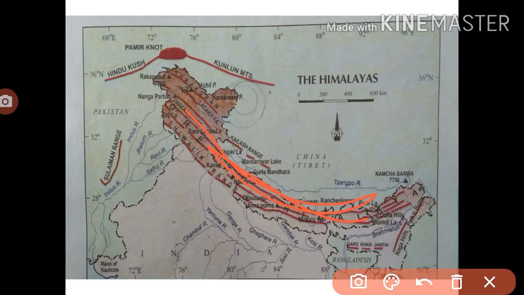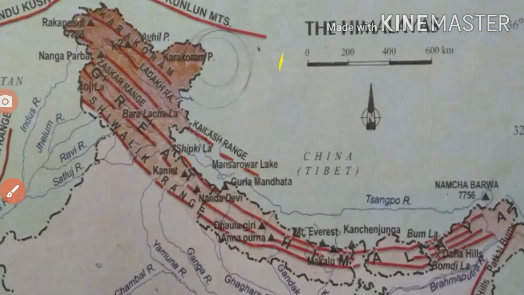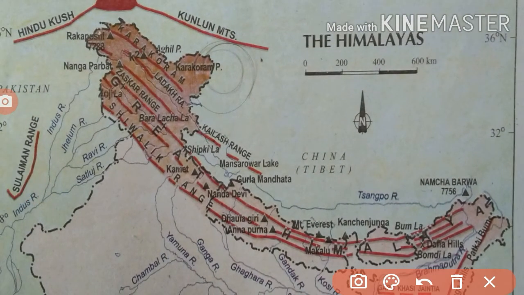The northernmost range is known as the Great or Inner Himalayas or the Himadri. See here, Great Himalaya we can see here, and this Great Himalaya we call Himadri.